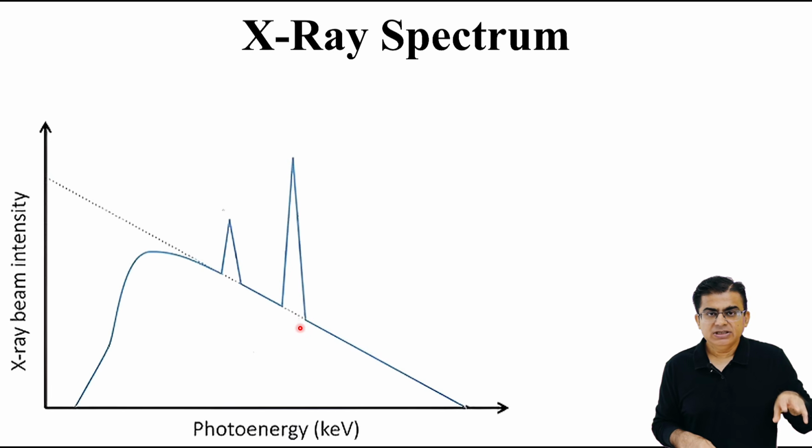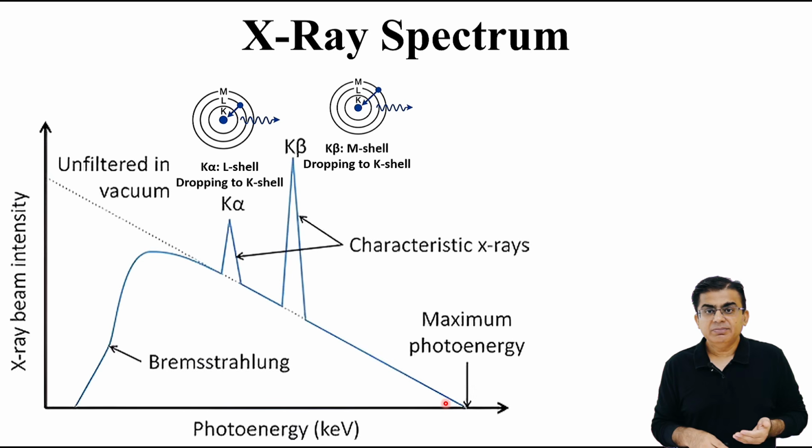This combined picture is exactly what your final X-ray beam looks like. The large continuous background curve represents your Bremsstrahlung radiation. Remember that Bremsstrahlung produces a wide mixture of many different energy levels.